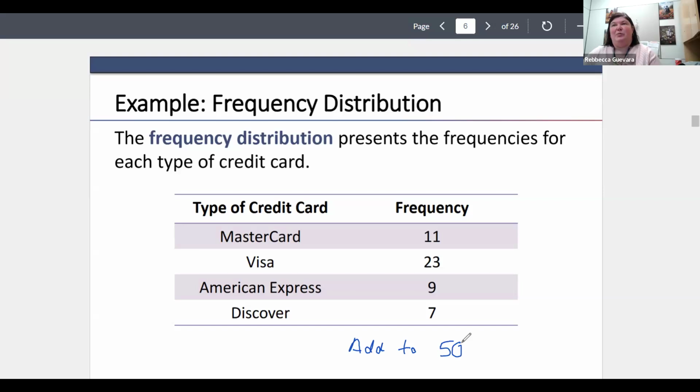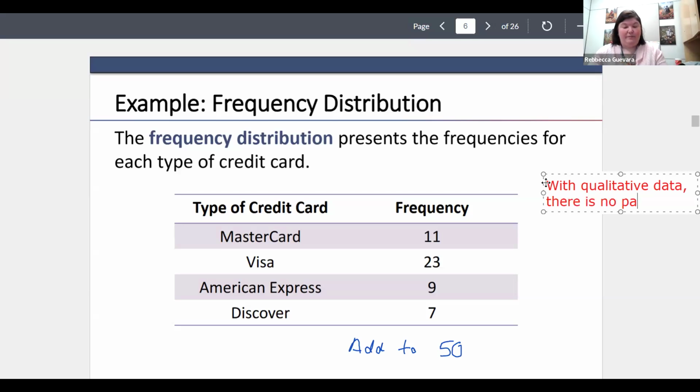We don't necessarily put this in any particular order in a frequency distribution. When it's qualitative data, we leave it like this. I just want to make the point that with qualitative data, there is no particular order to the variable, in this case, credit card.